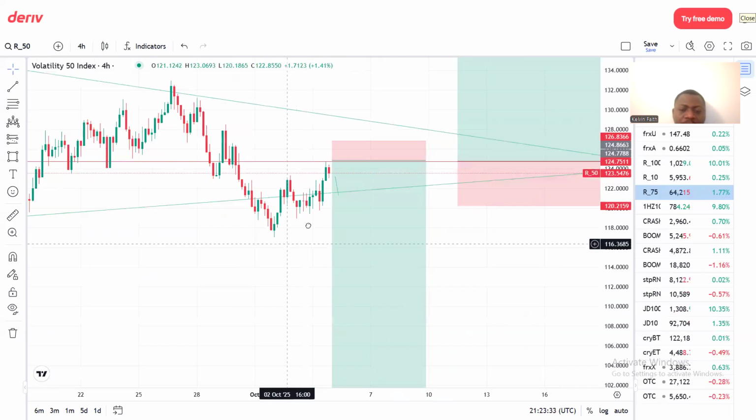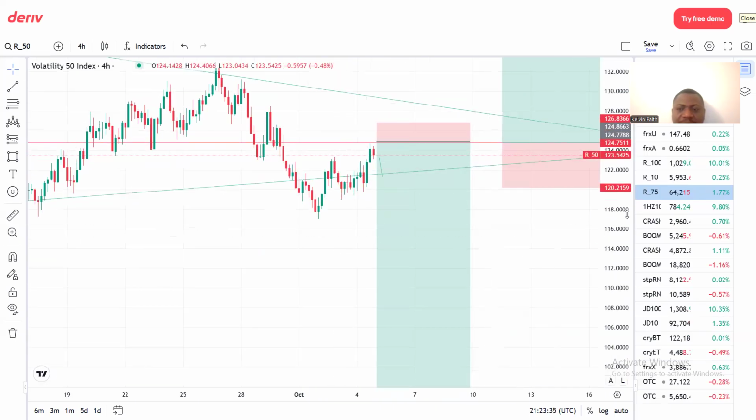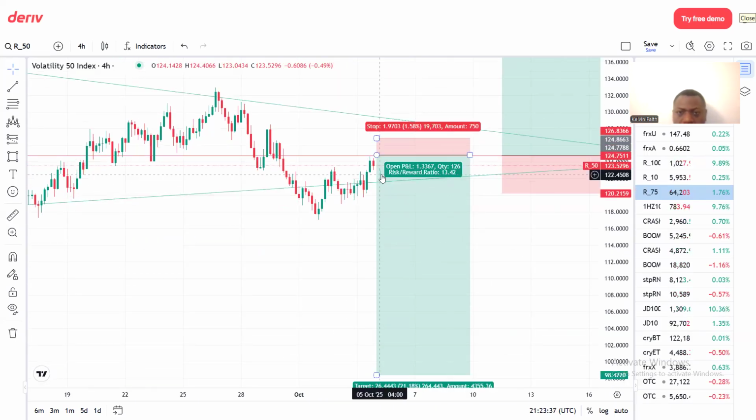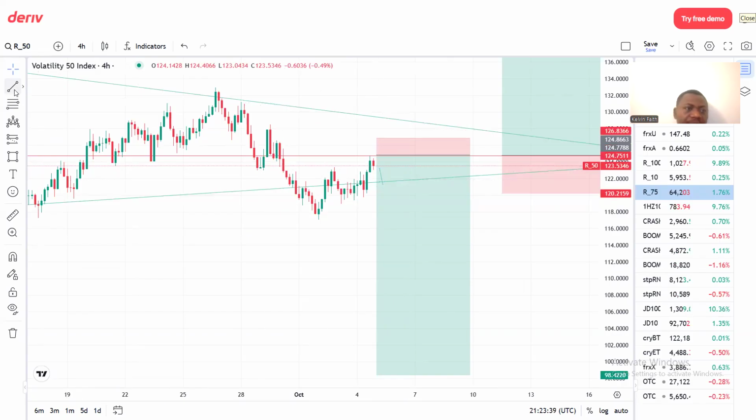But because we are originally holding a sell bias, we will look at the market this way. I believe it's going to take more than just a 4 hour confirmation for this sell. So probably price might come down on this 4 hour candle. How many hours do we have?